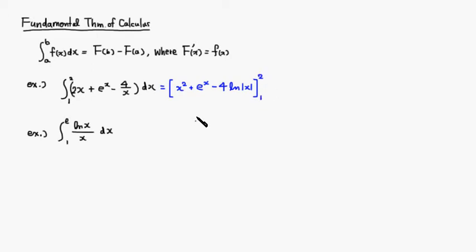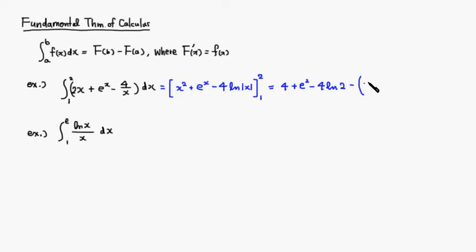Next step is just to plug in the top number first. Plug in 2, so 2 squared is 4, plus e squared, minus 4 times natural log of 2. Then minus, you plug in the bottom number.